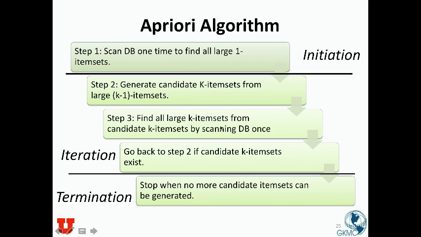Then we start to merge 2 item sets: if two 2 item sets have 1 overlapping element, we can merge them into one 3 item set, and then evaluate whether it has a high enough support level.